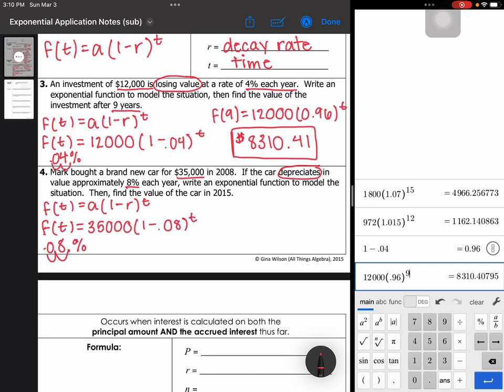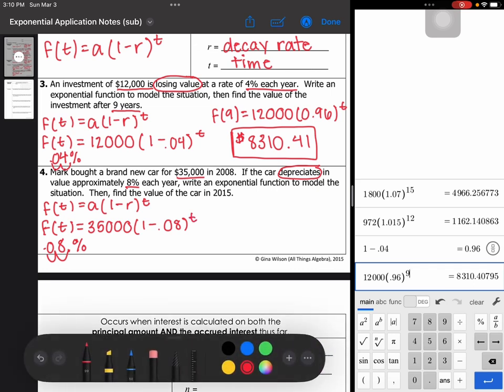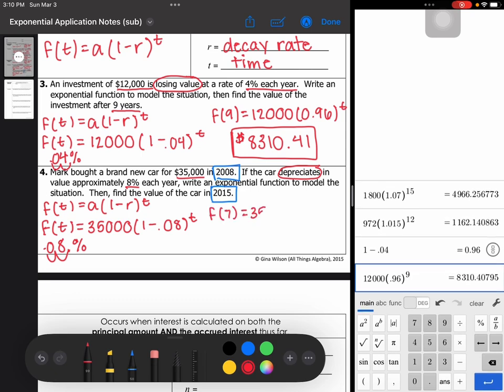Okay, and then we're going to find the time over which this is happening, or how many years. We're starting in 2008, and then we're going to 2015. So there are 7 years from 2008 to 2015. So our time would be 7. So everywhere that I see a T, I'm going to replace it with 7.